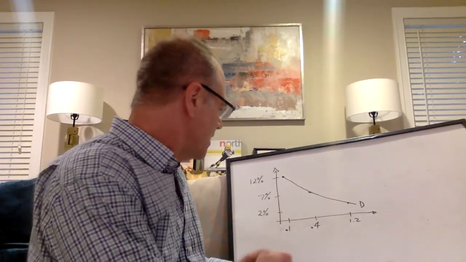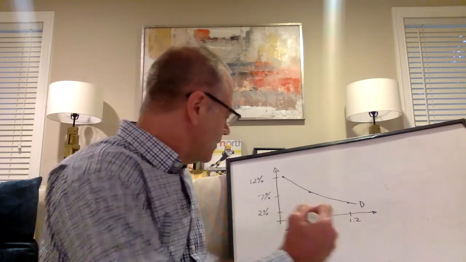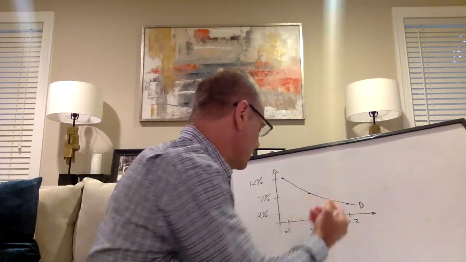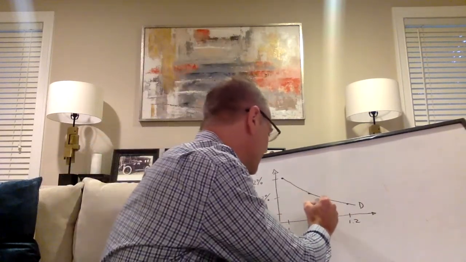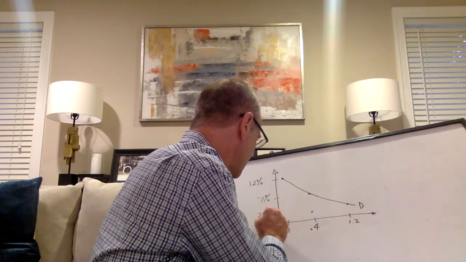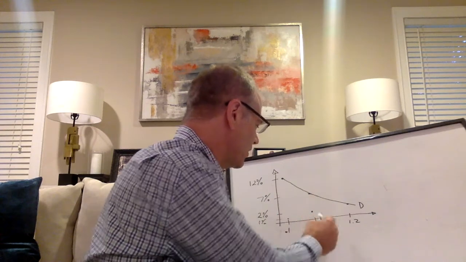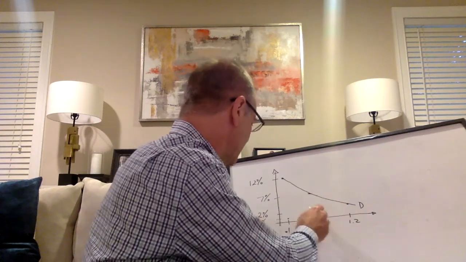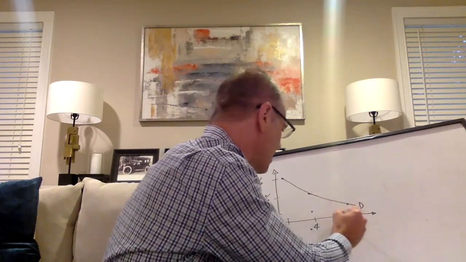2%, then let's say that banks would be willing to lend 0.4 trillion. At 1%, they'd only do 0.1 trillion. 2% is the rate, 0.4 trillion.